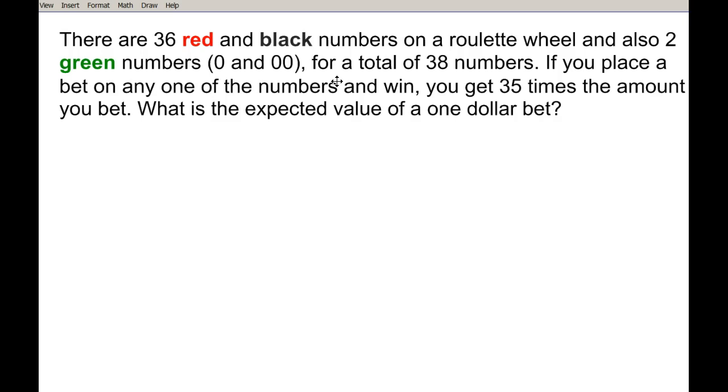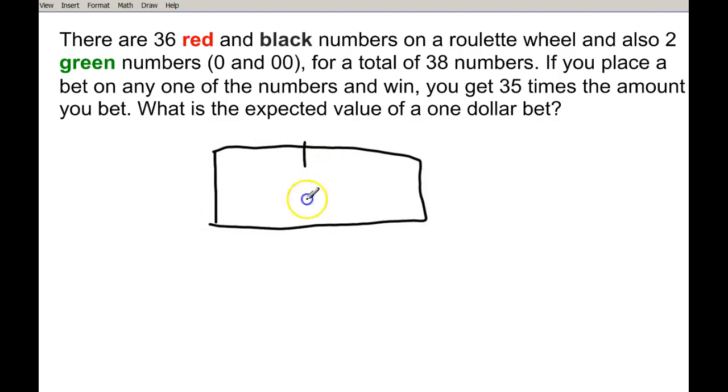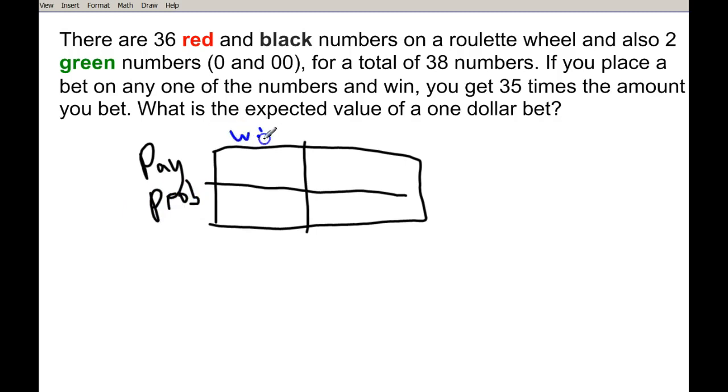We don't have to do quite as big a table for this one. So the payout and the probability of that payout. And up here we're going to say the win and the loss.